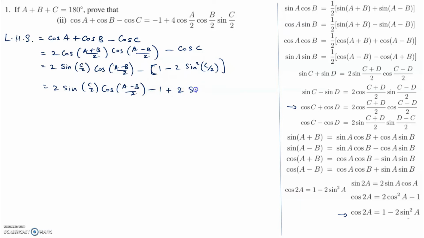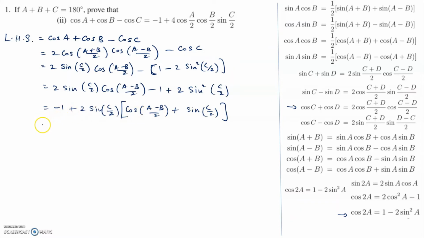Okay, so further simplifying this, this becomes 2 sin c by 2 cos (a minus b) by 2 minus 1 plus 2 times sin squared c by 2. Let's leave the minus 1 here as it is, plus let's take 2 sin c by 2 as a common term, 2 sin c by 2, then within bracket we will have cos (a minus b) by 2 plus sin c by 2. We can replace sin c by 2 with cos (a plus b) by 2.